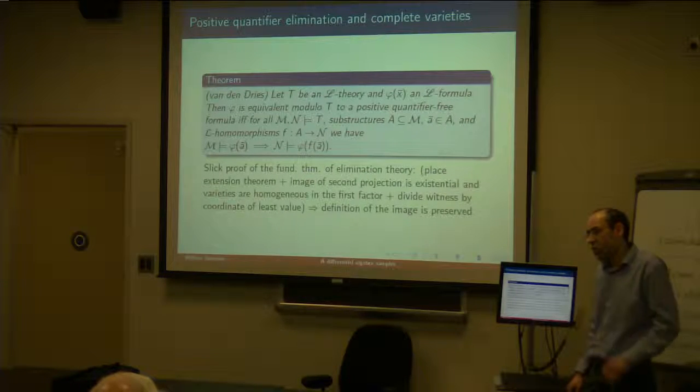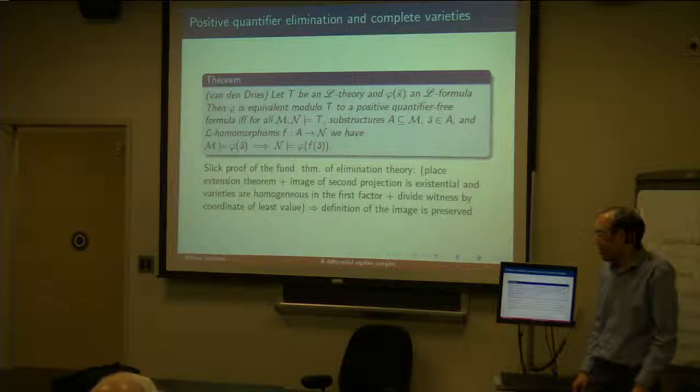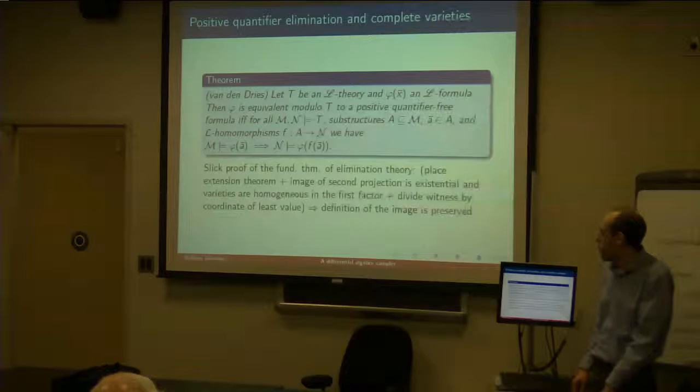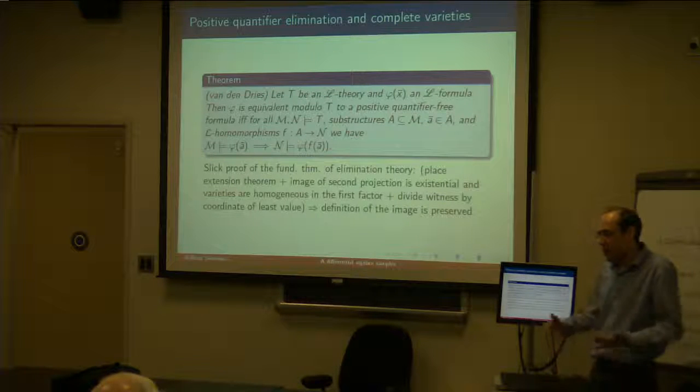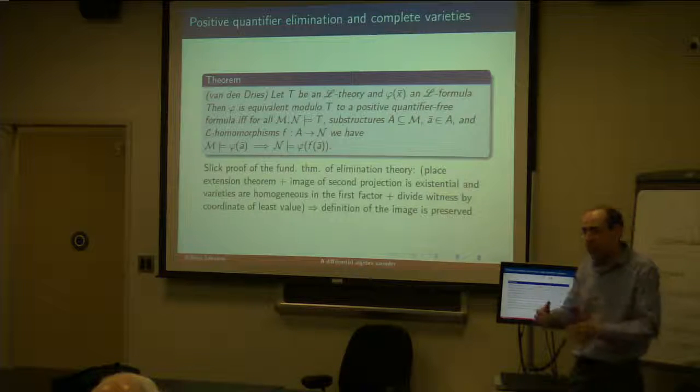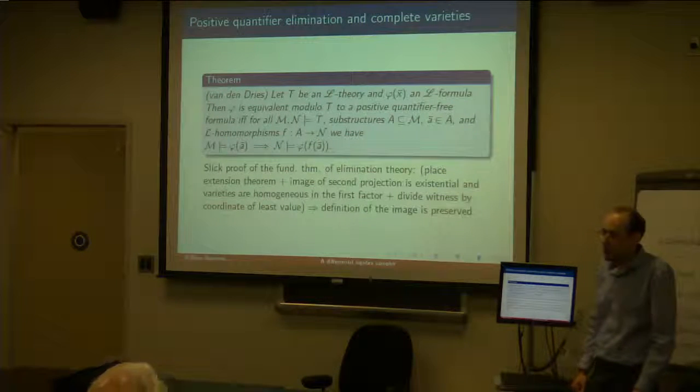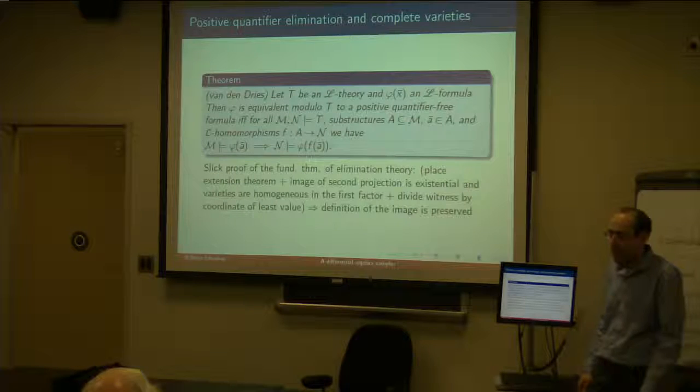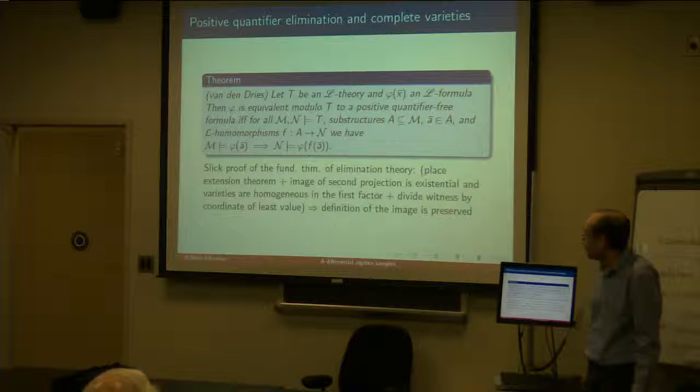And since homomorphisms preserve positive formulas, as long as you have all of your parameters in the domain of this homomorphism, the formula is preserved. So that's the quick sketchy way of saying how Van den Dries' proof works.